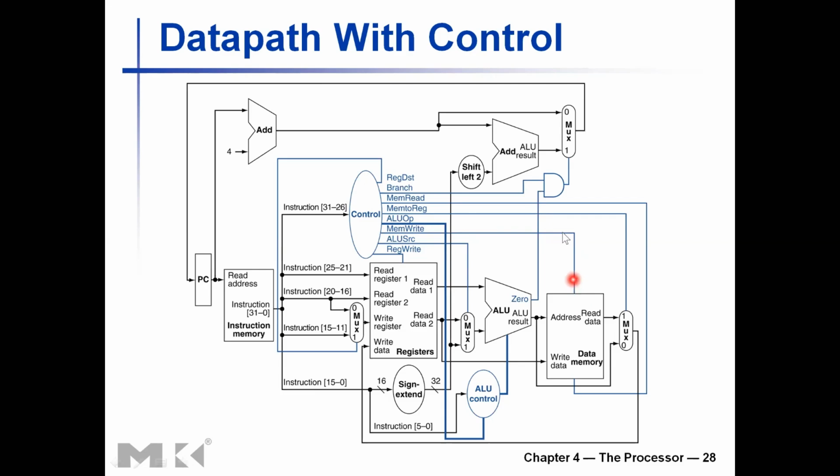So the signal will be set high when you need to write data to the given address. That is in the store instruction, right? That is the operation of the store instruction, you are writing to the memory. So if your instruction is a store instruction, which can be decided by looking at the opcode, this memory write signal will be set high and the memory will do a write operation.